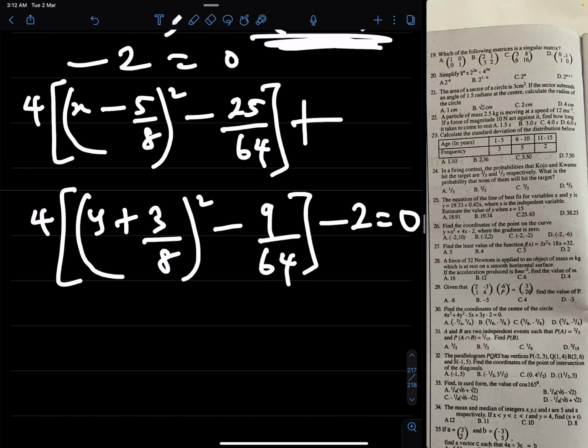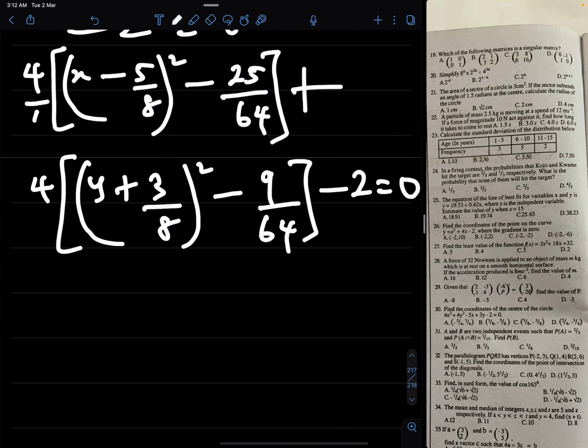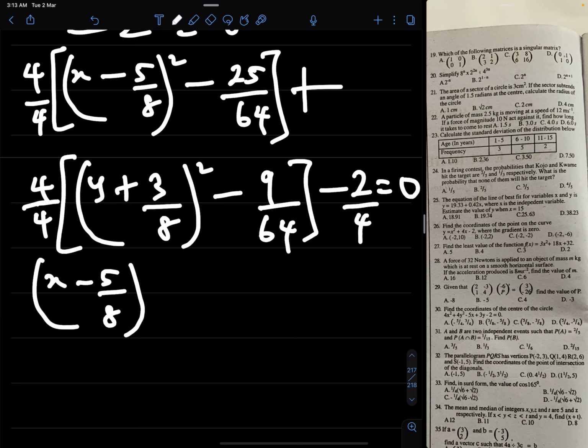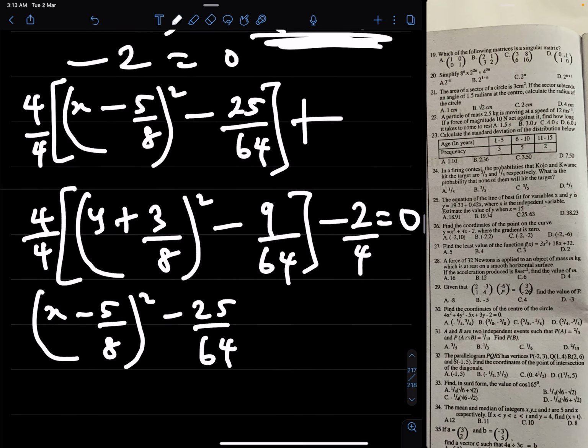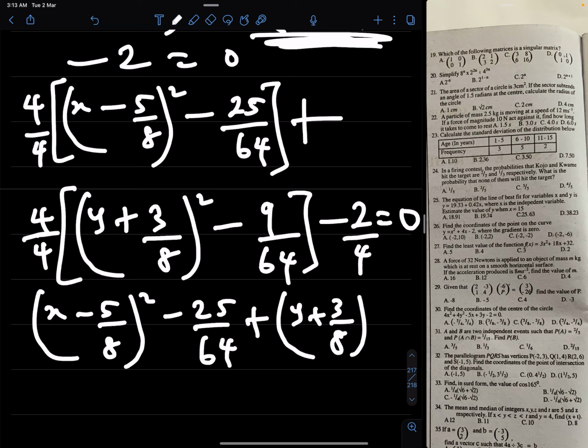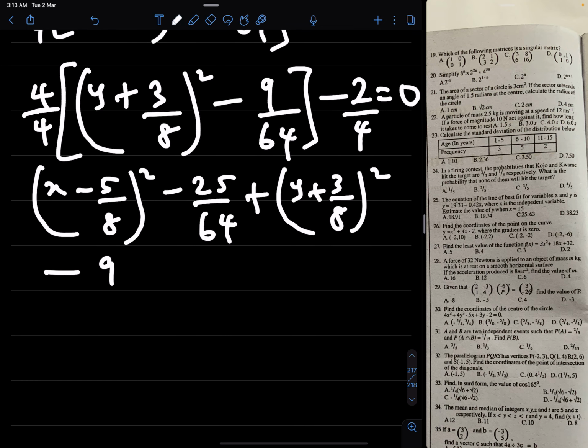So now I want to divide everything. If I divide through by 4, this will be over 4, this will be over 4, and this will also be over 4. So I'll be left with x minus 5 over 8 all squared minus 25 over 64 plus y plus 3 over 8 all squared minus 9 over 64 minus 2 over 4, which is 2 here 1, 2 here 2, which is 1 over 2, equals 0.